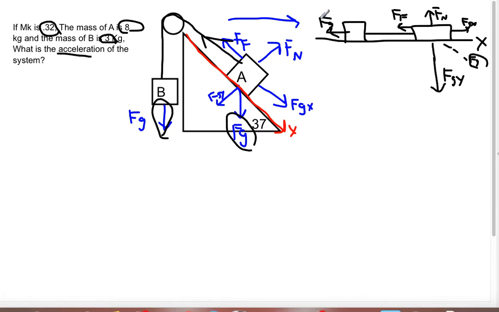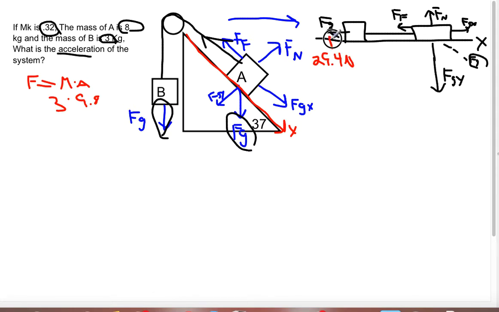Next, we need to start solving for some of these forces. One of the easiest ones to solve for are F of G's. F is equal to m times a. We know the acceleration due to gravity to be 9.8. So I'm going to take 3 times 9.8 to find F of G on B. And I find out that that is 29.4 newtons.